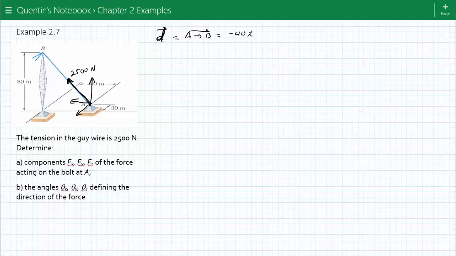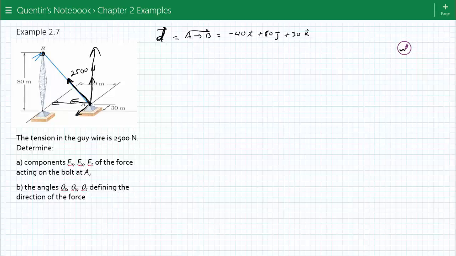It's going to go plus 80 in the j direction, and it's going to go plus 30 in the k direction. Because from A to B, it has to travel the 40 in this direction, has to travel the 80 in this direction, and has to travel the 30 in that direction to get to this point right there. Okay, so that is D.